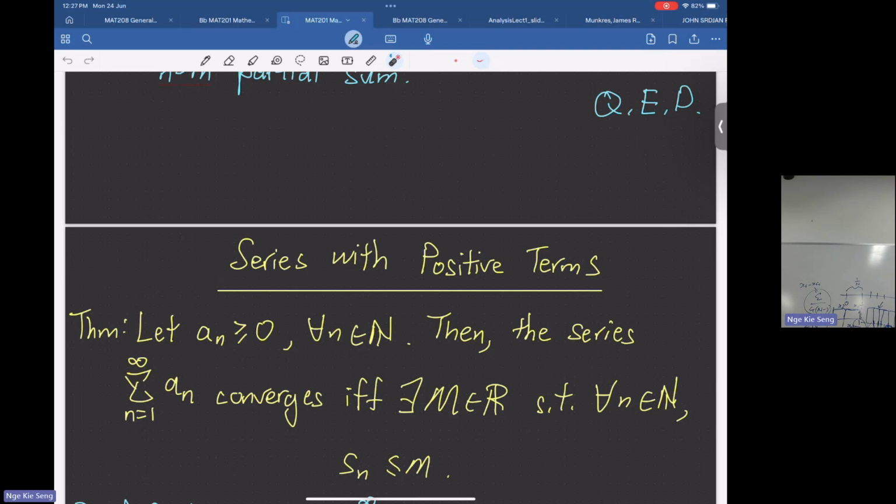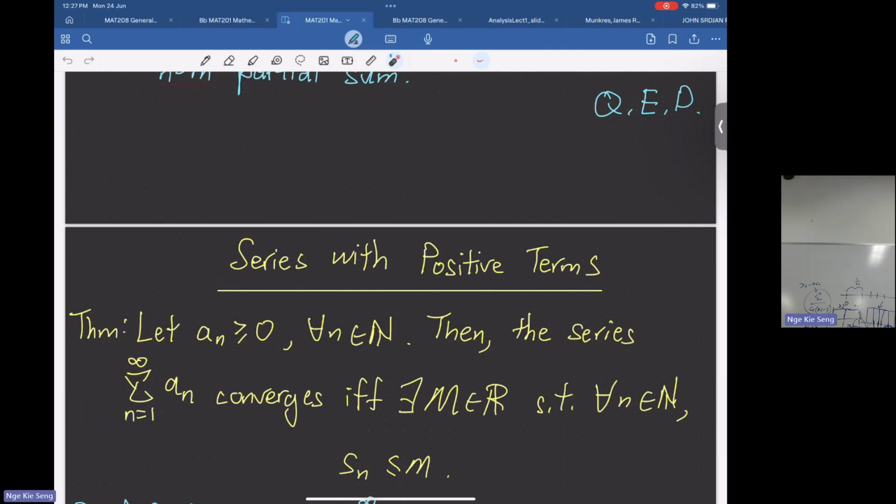If there exists an M such that all the n-th partial sums are bounded above by this M. Does this remind you of anything? A sequence that is bounded above by some M. Try to think back: what theorem is about bounded sequences and convergence?